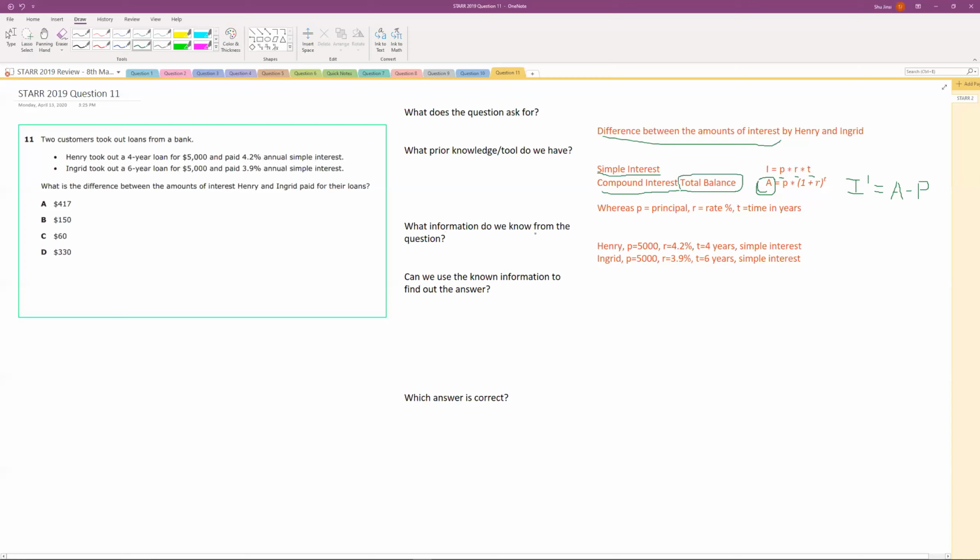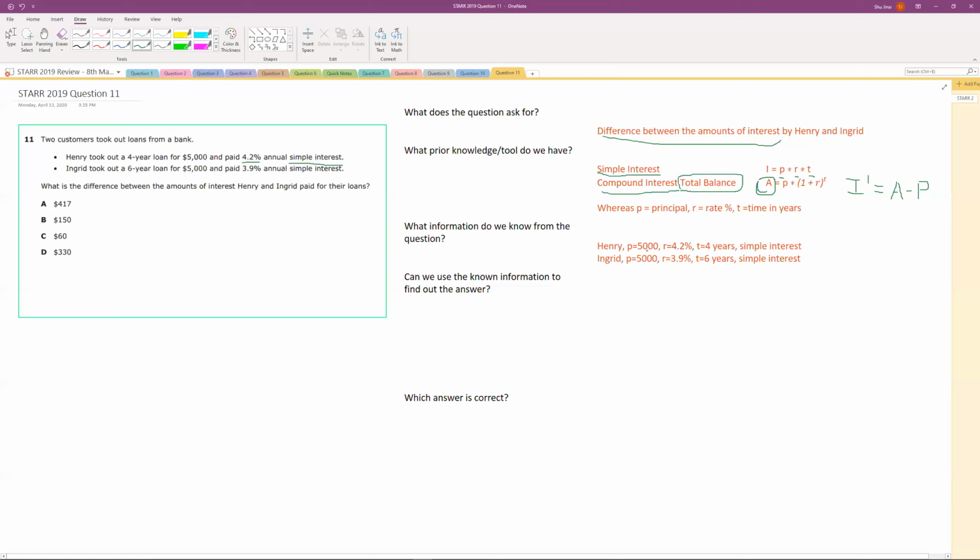What information do we know from the question? Henry borrowed $5,000, so the P, the original money, is 5,000, the rate is 4.2%, and the time is 4 years. And it says it's simple interest.